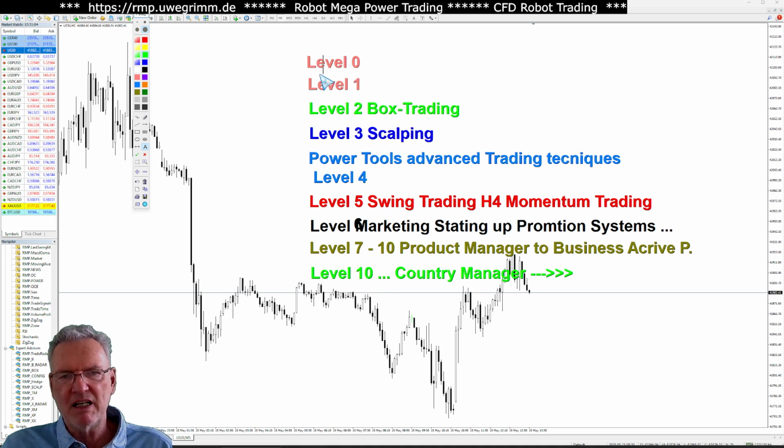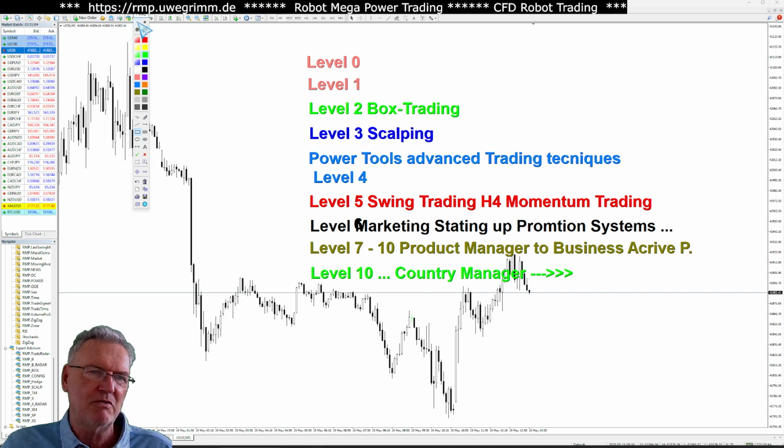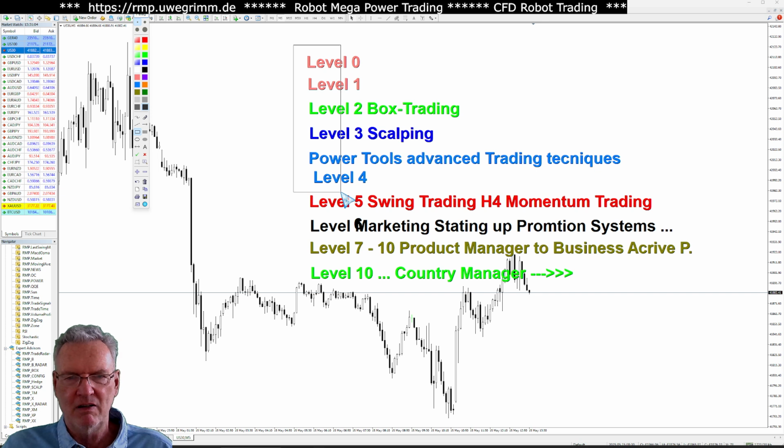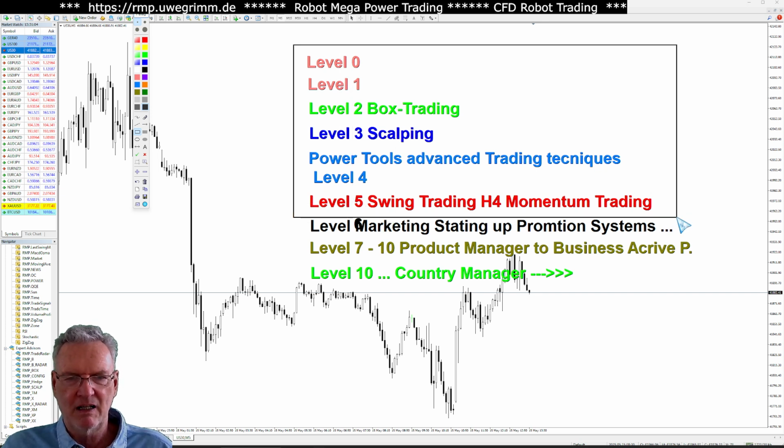What is interesting when you say, I'm interested in trading? This is my thing, I want to trade. What is the system? Well, level 0 to level 5. Level 6 is already the education. Then you do live trading, you have your own business partners under you, and you will promote them, you will help them, you will teach them.